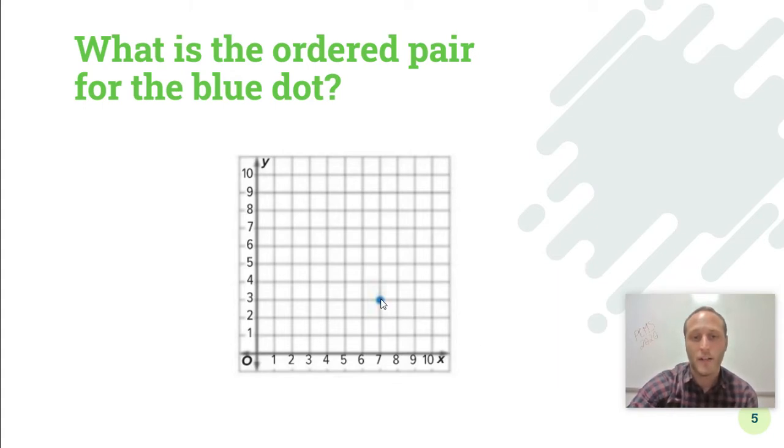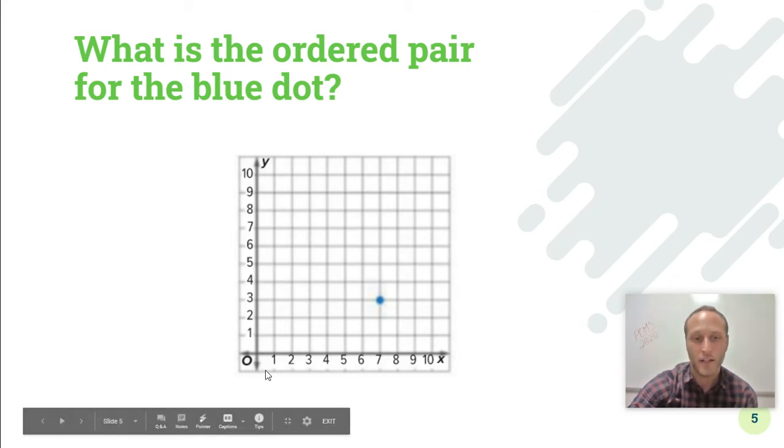So real quick, I want you to try. Look at this blue dot right here. I want you to count over to the right first and then count up. And then I want you to tell me the ordered pair for the blue dot. If you did this correctly, you would start at the origin, like I taught you, and you're going to go 1, 2, 3, 4, 5, 6, 7 spots over to the right, which is going to be our x. We're going to put a comma, and then we're going to go 1, 2, 3 spots up, which is going to be our y.